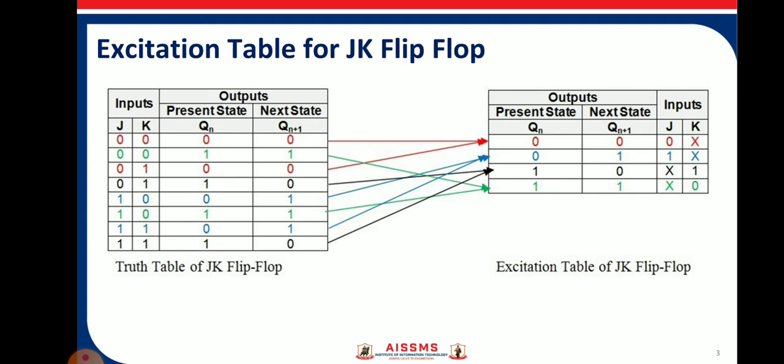At that moment, J is constantly 0 and K is changing from 0 to 1. So to get the output 00, J must be 0 and K can be 0 or 1. So we can ignore the K value, and on the input side we write a don't care condition. This is the input bit sequence of J and K if we require the output 00.